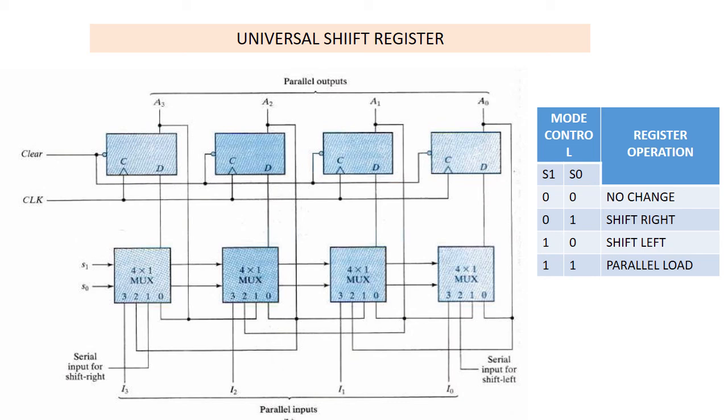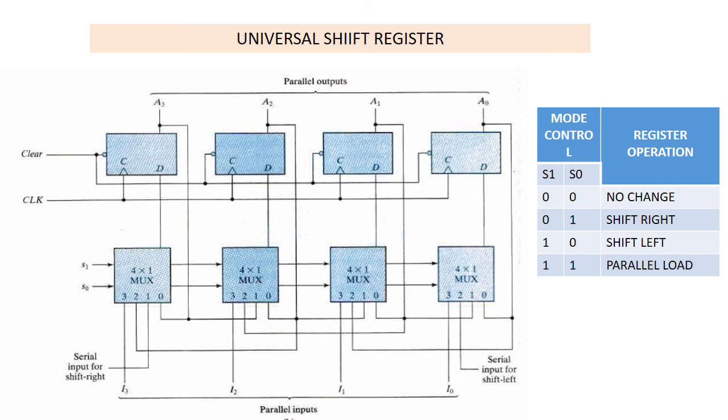A universal shift register can be realized by using multiplexers. The figure shows the logic diagram of a 4-bit universal shift register that has all capabilities listed above. It consists of 4 D flip-flops and 4 multiplexers or MUX. The 4 multiplexers have 2 common selection inputs S1 and S0.